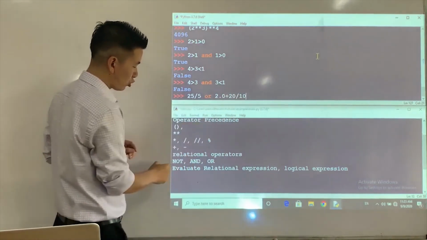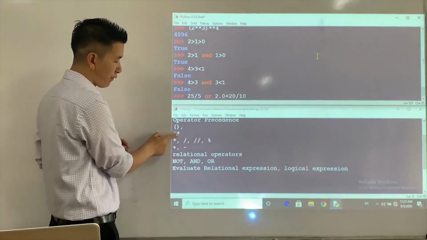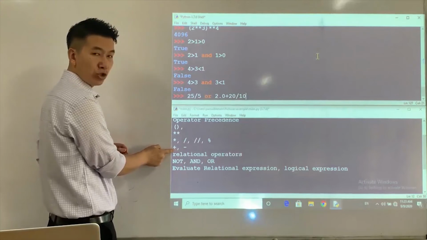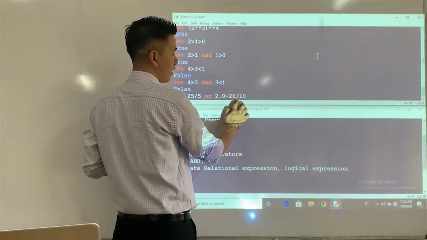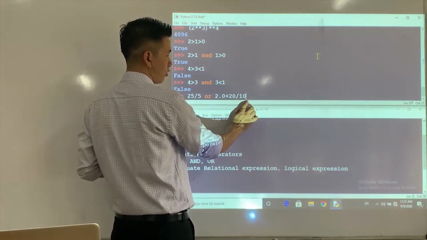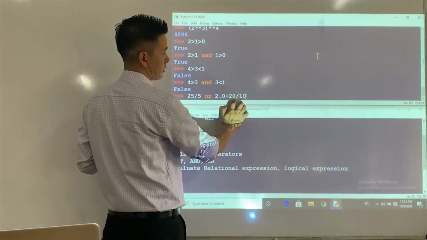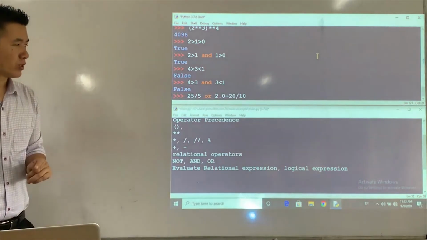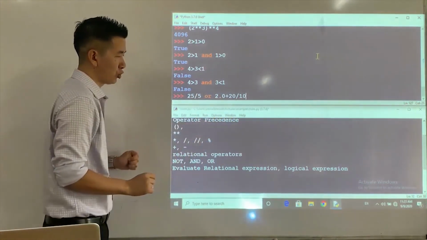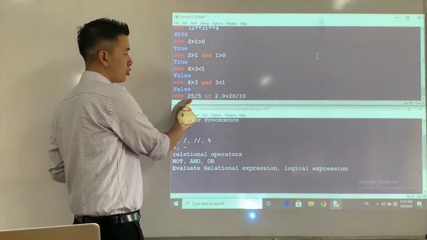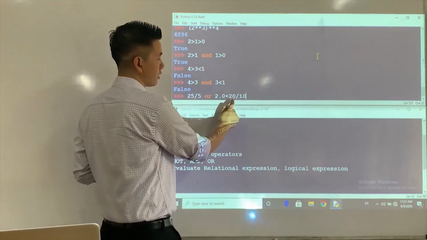Remember, the division operator comes before the addition operator. 20 divided by 10 is 2.0, right? So 2.0 plus 2.0 is 4.0. So you have 5.0 or 4.0.